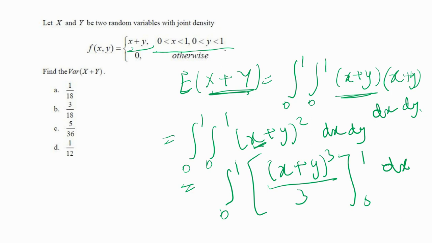Now you put the values, from 0 to 1. This one will be x plus 1 cube divided by 3 minus, at 0, x cube divided by 3, dx.